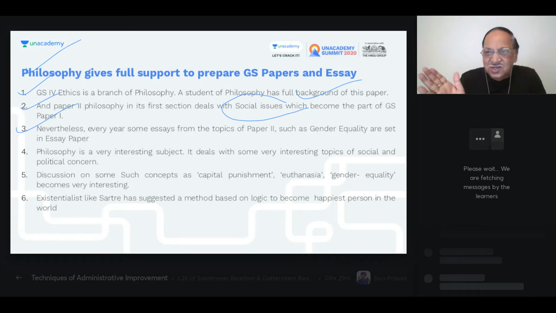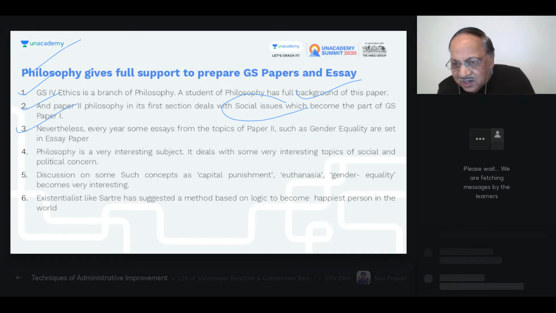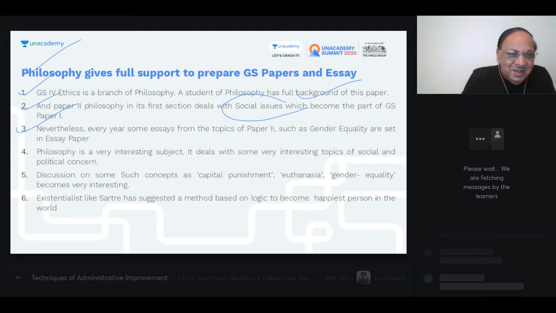This is my guarantee: listen to my lecture, read my notes, sit in the examination, score more than 300 marks. That's finished. Ganesh is asking how you are different, and says it is shown by your age and interest, sir. I truly appreciate your passion for the subject. Thank you, Ganesh, thank you so much.